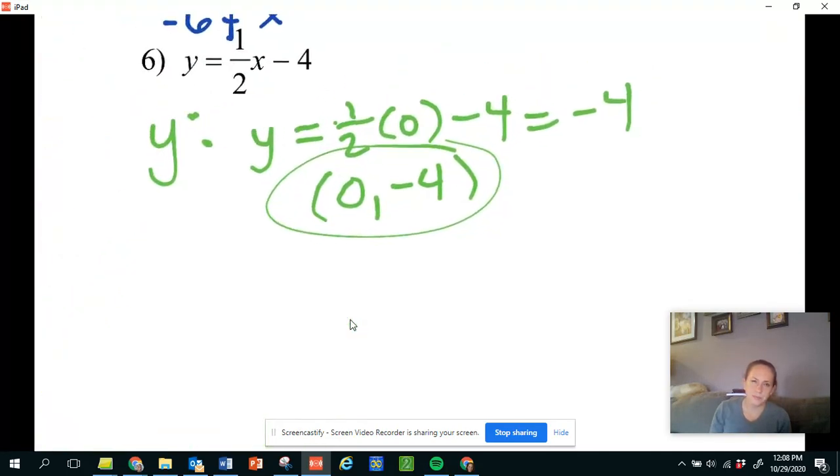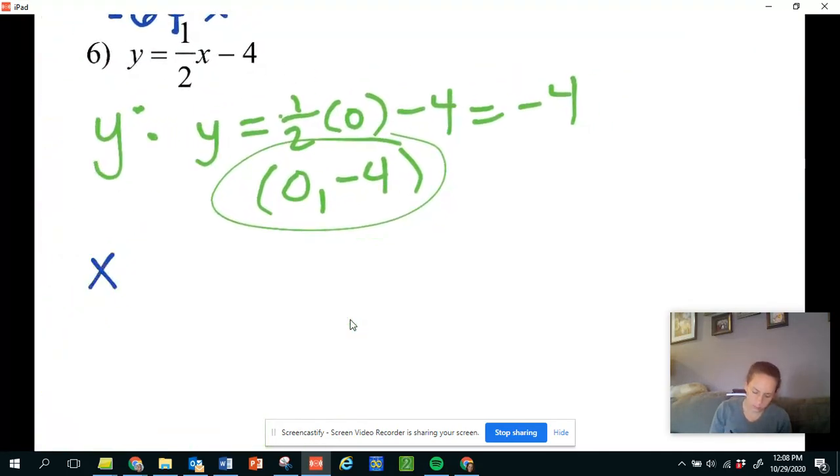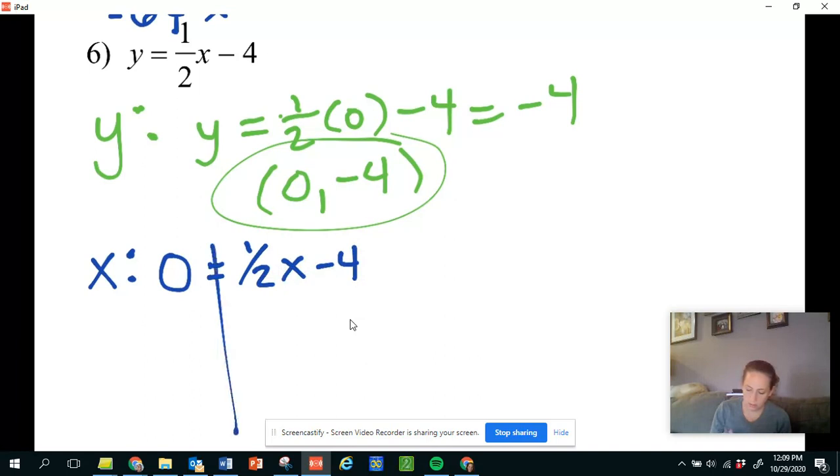Okay, last one. I plug in 0 for y because x-intercepts happen when y is 0. I get 0 equals 1/2 x minus 4. And then I have to solve for x. So I'm going to add 4 to both sides.